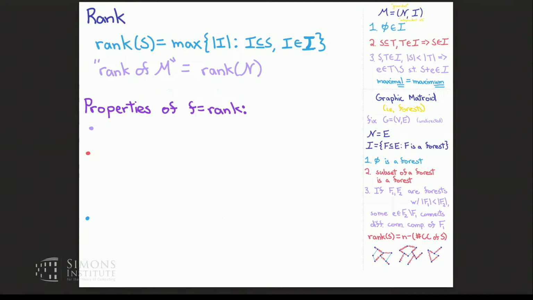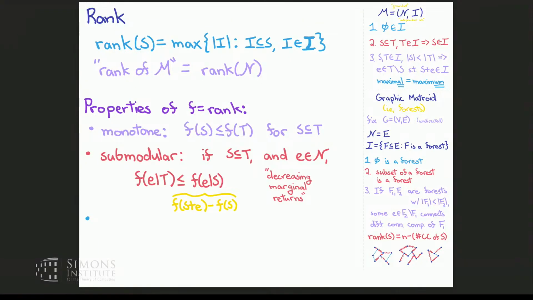I want to point out 3 properties about rank, because rank is actually just going to be a specific example of something we could work with. First, it's monotone: if I take more elements, I might be able to make the maximum cardinality independent set bigger. The second, and very important, is submodularity.